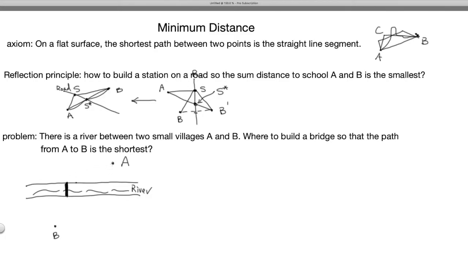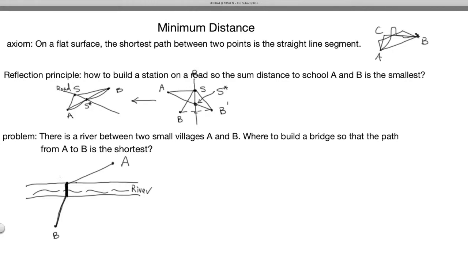And we're going to build a road from A to the bridge and from B to the bridge. It does not matter where you build the bridge, I'm going to just connect from B to the bridge directly and from the bridge to A also directly. But here the question asks you how to find this bridge such that the sum of the distance is the smallest.